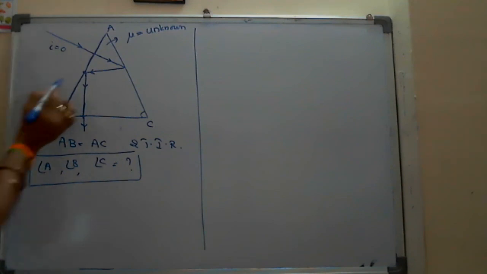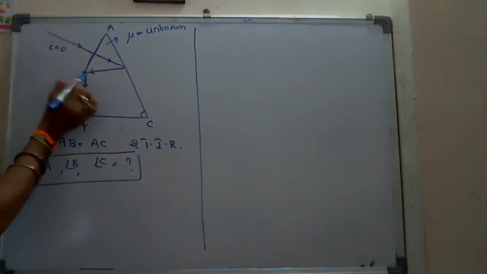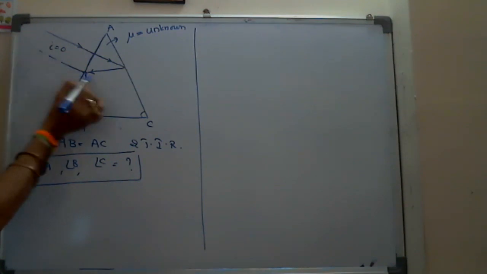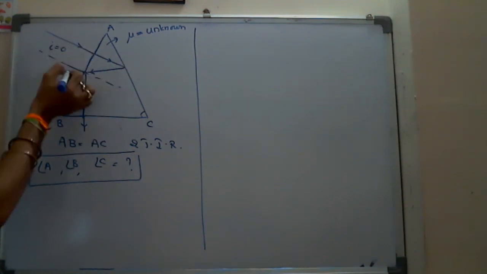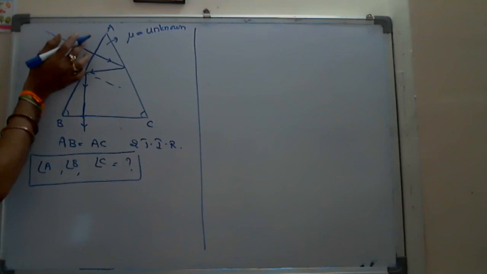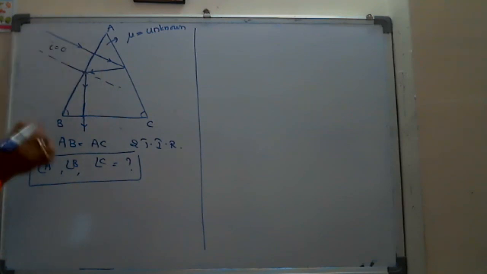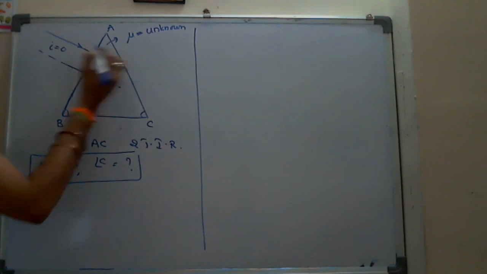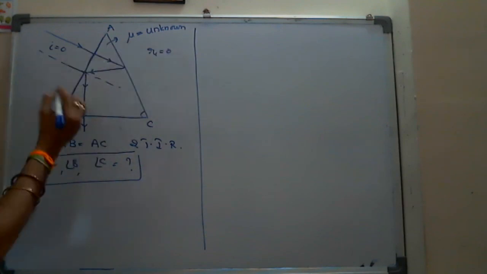Okay. If you assume the diagram, means if you predict the diagram properly, then it is very easy to get the answer now. So here, if you take the normal at this point to measure the angle of incidence and angle of reflection, that normal is exactly, look at here, parallel to the incident light ray. Why? Because it is the normal incidence. Okay. And in this case, here R1 at the surface is equals to 0.